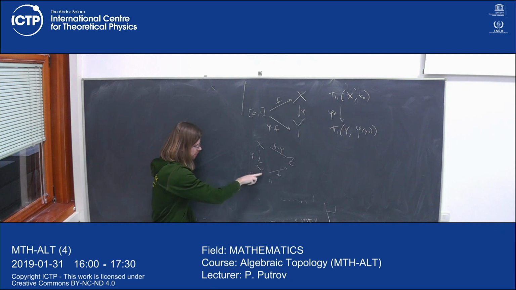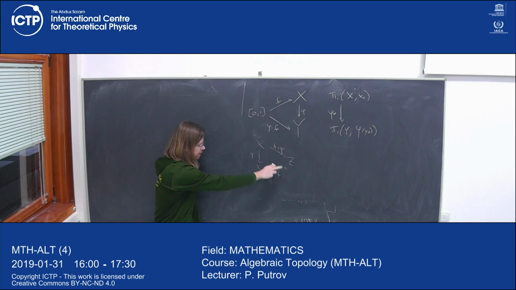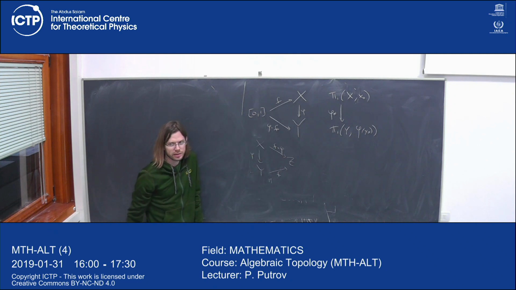So my maps from Y to Z transfer to maps from X to Z, and this is a pullback.